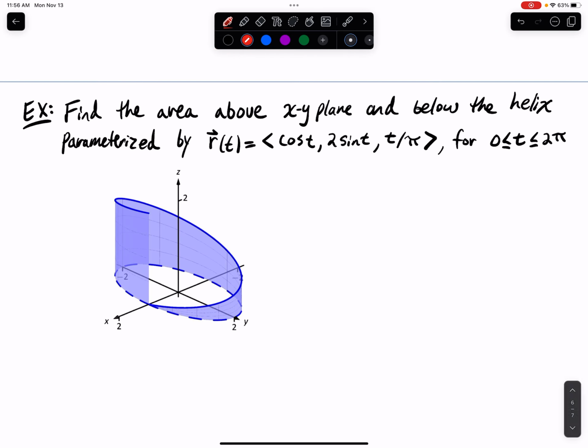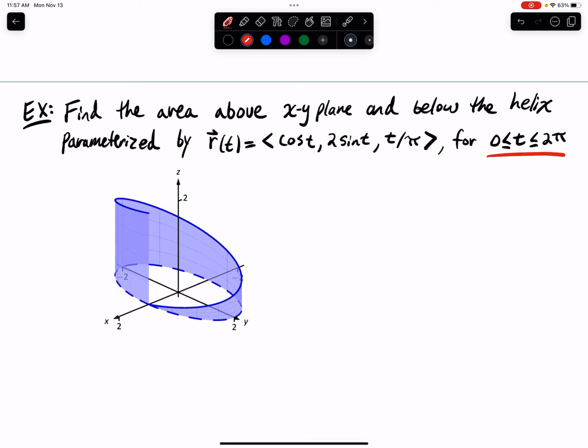All right. Find the area above the xy plane and below the helix, parameterized by r of t equals cosine t, comma 2 sine t, comma t divided by pi. So this is the first time we have seen a parameterized curve in 3 space. So how do we handle this for t between 0 and pi?